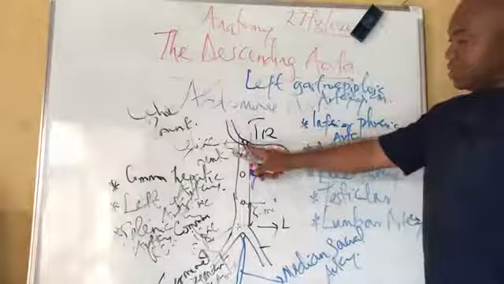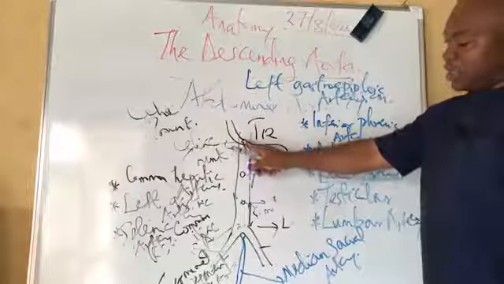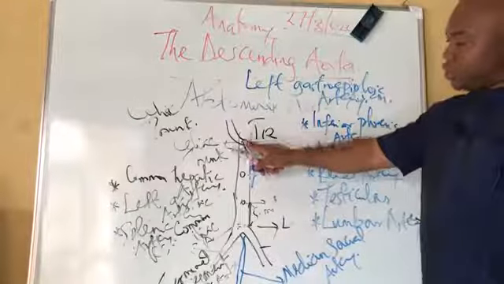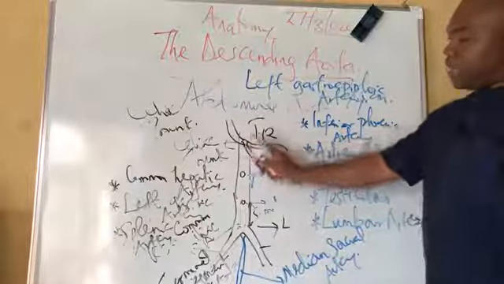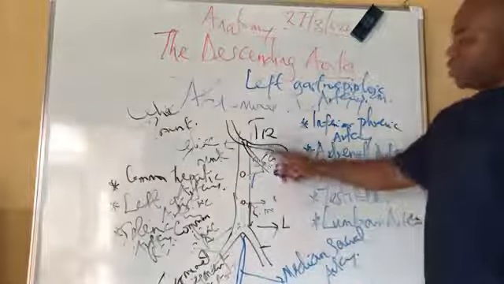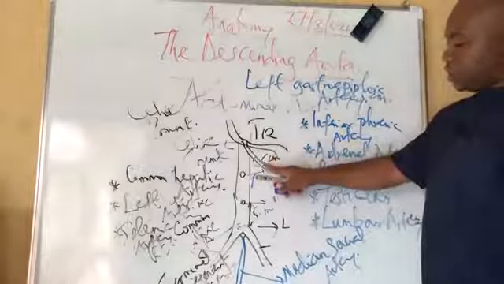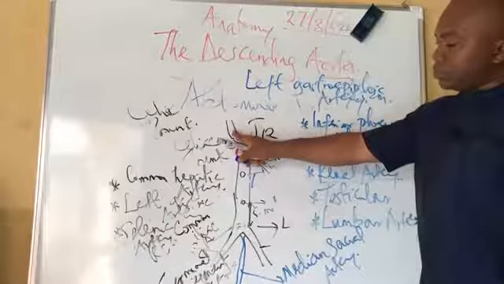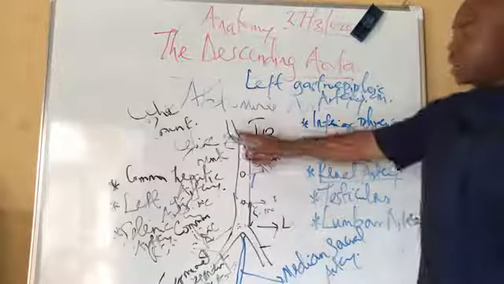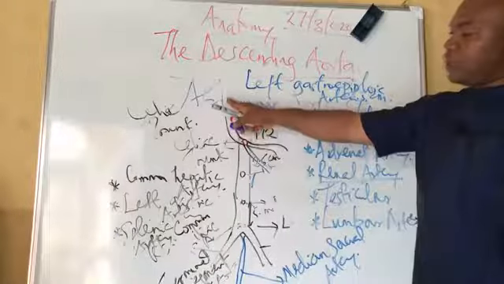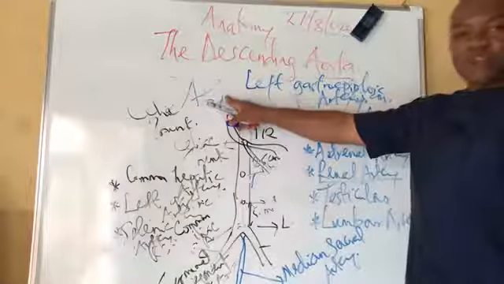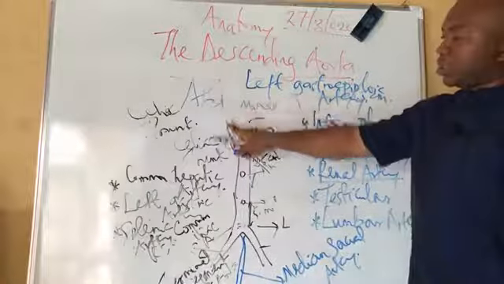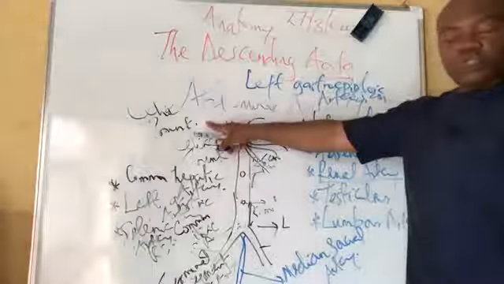Then I guess there was a clearer understanding of the celiac trunk. If not, note that we have 3 main branches coming from the celiac trunk. You have the left gastric artery, you have the splenic artery, you have the common hepatic artery. I told you that the common hepatic artery will give what is called the hepatic artery proper, which goes to the liver. You have the cystic artery, which goes to the gallbladder.